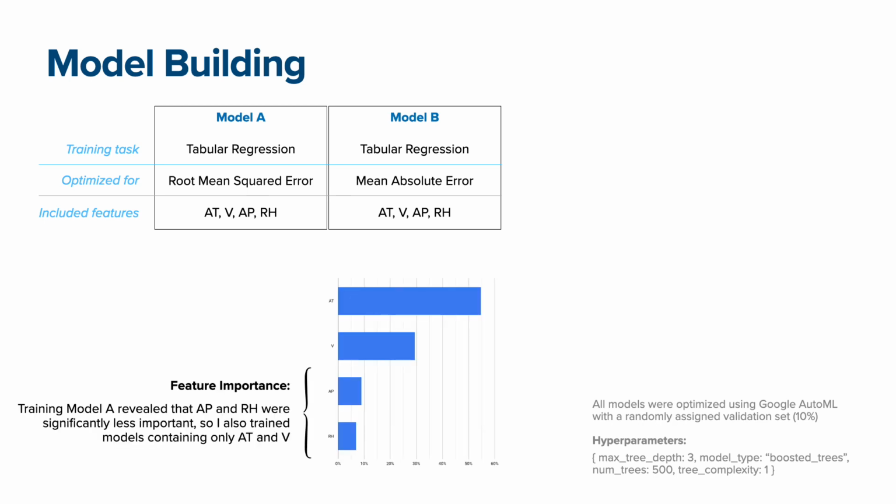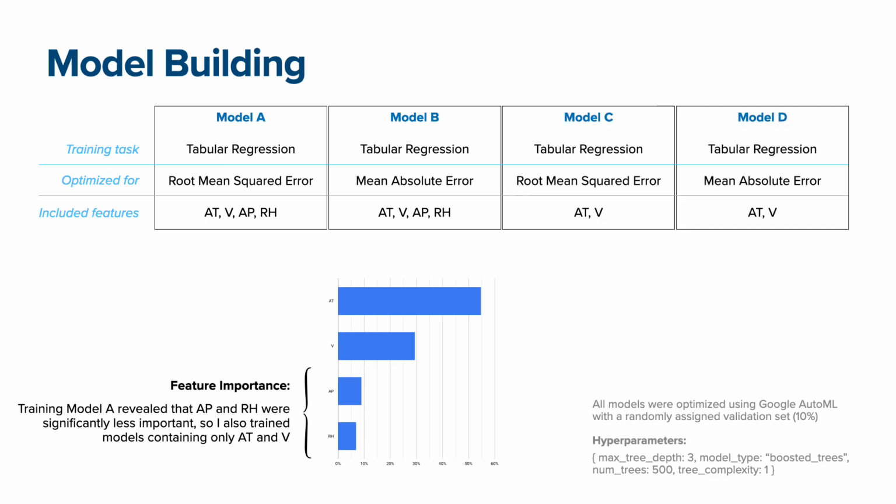When I began training model A, it became very obvious that the AP and RH features were significantly less important based on what Google was telling me. And so I also wanted to train models C and D that would contain only the top two most significant features, AT and V.